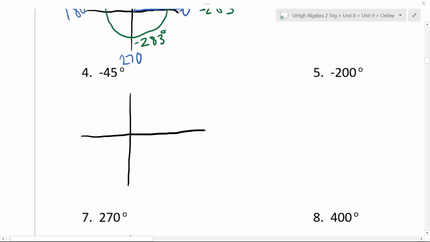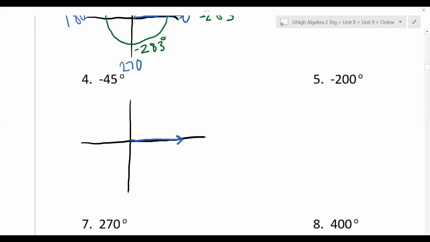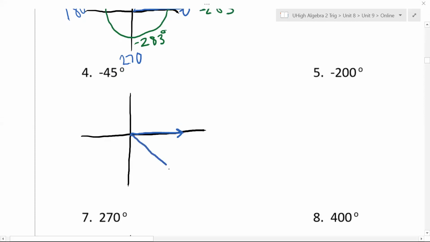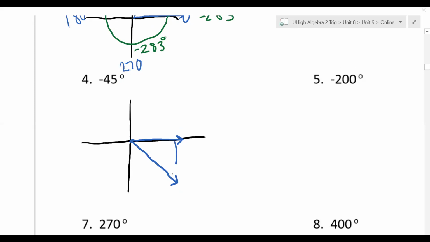So first, we want to draw in standard position. So I know I'm going to have something along my x-axis, negative 45 degrees. So we said negative is going to go clockwise. So I'm going to go clockwise 45 degrees, which would be directly in the middle of this piece.